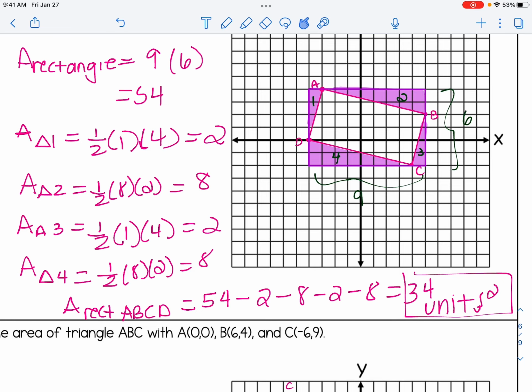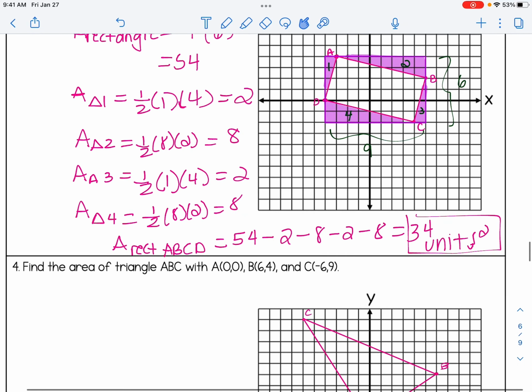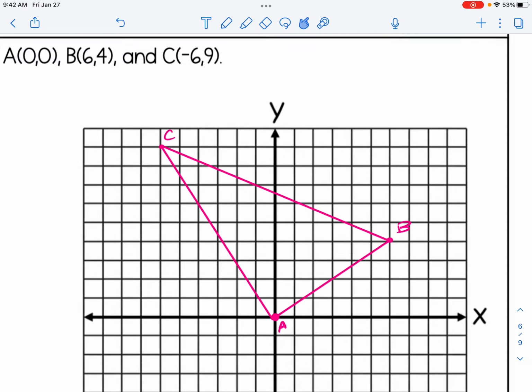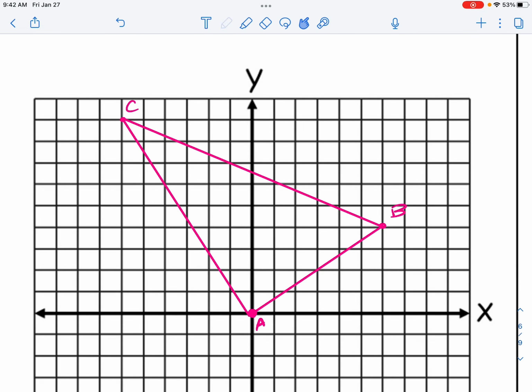All right, we're going to try that same process again on number 4, except now we're finding the area of triangle ABC. Again, when I look at this, I can't quickly count the boxes and figure out what the base and the height are. So I'm going to go into my picture on my graph here, and I'm going to start boxing in the given triangle.